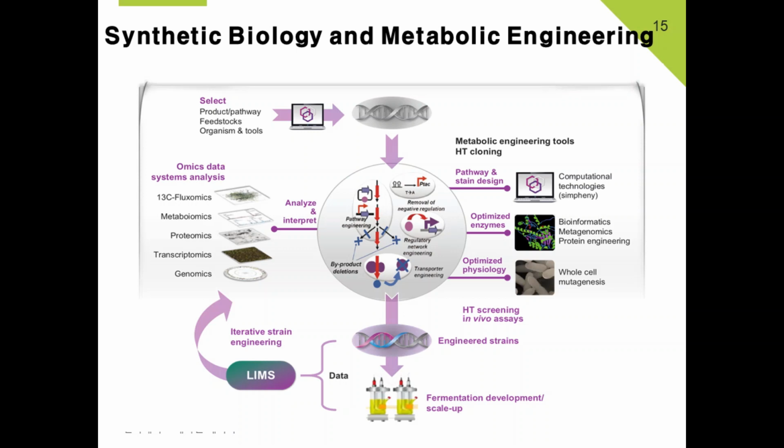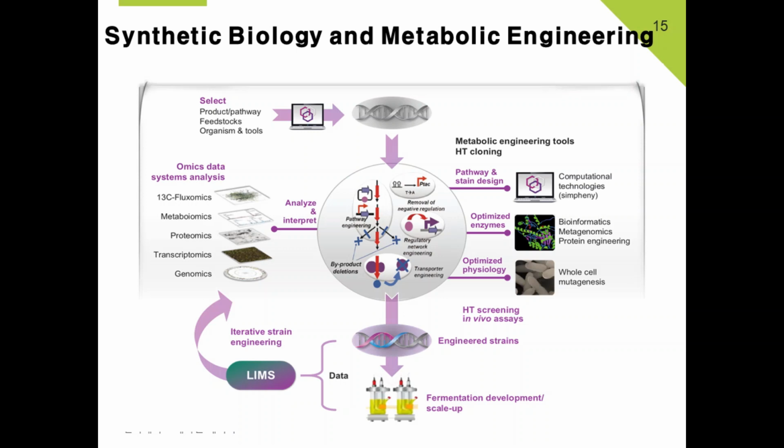In this figure, it shows us how we develop and improve a strain for chemical production. Now, firstly, we select a strain that may or may not produce our target product, a strain that may or may not produce our target product's main precursor, and a strain that may or may not use our target feedstock.